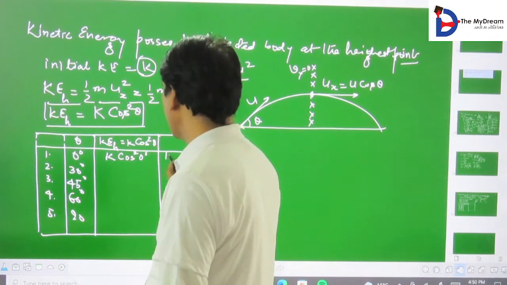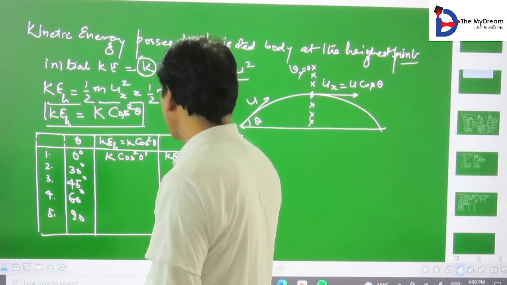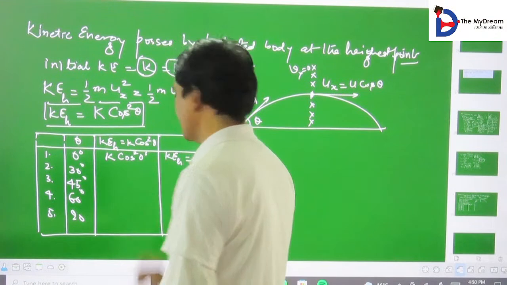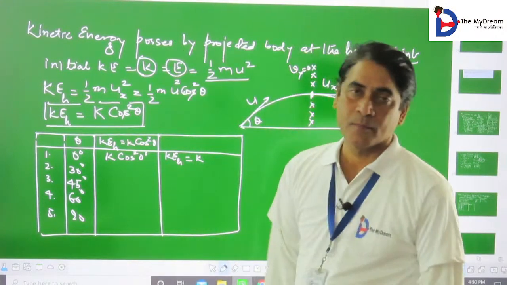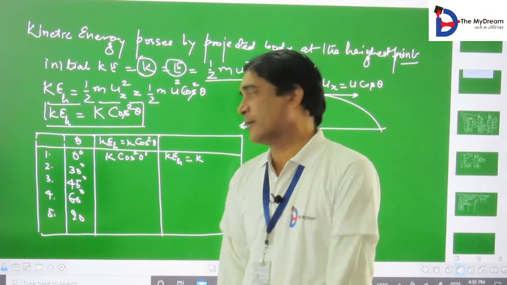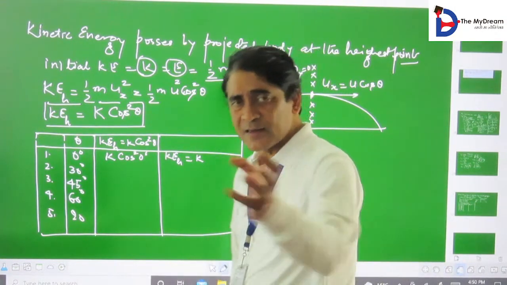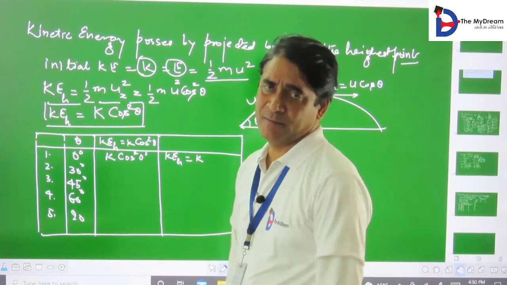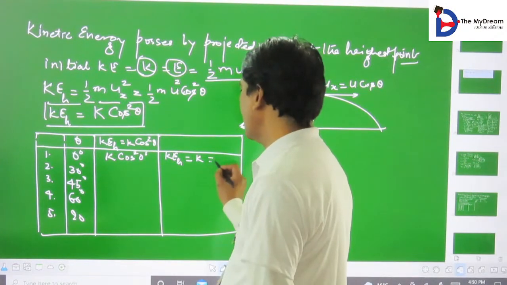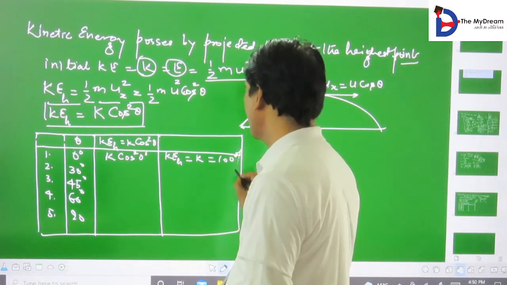So kinetic energy at the highest point will become K. It means there is no loss. There is a conservation of kinetic energy. It means 100% of K.